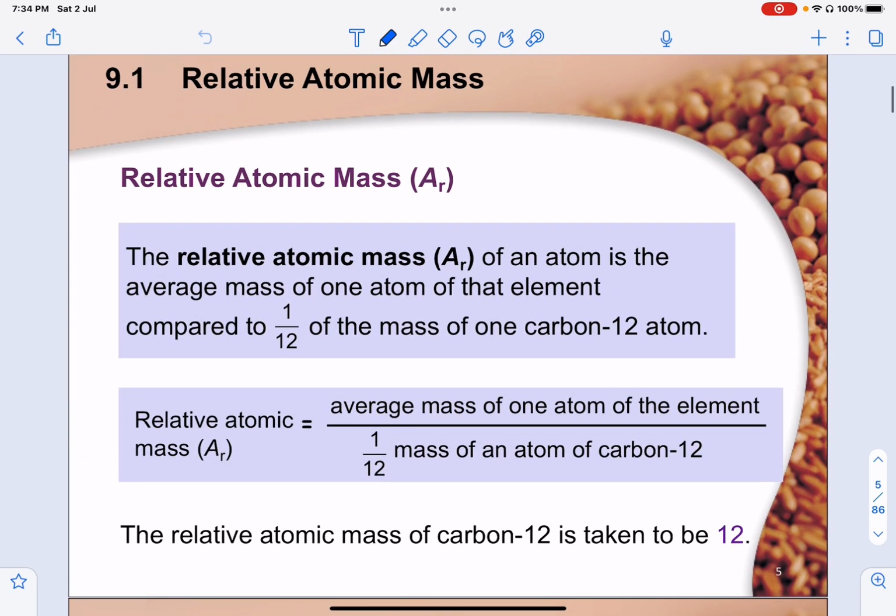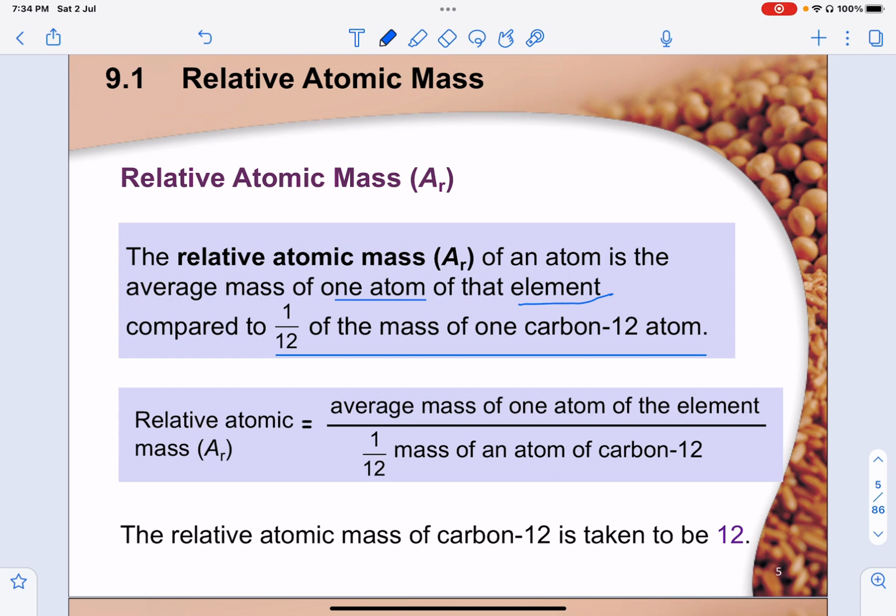So what exactly is relative atomic mass? The relative atomic mass of an atom is the average mass of one atom of that particular element when compared to 1/12 of the mass of one carbon 12 atom.